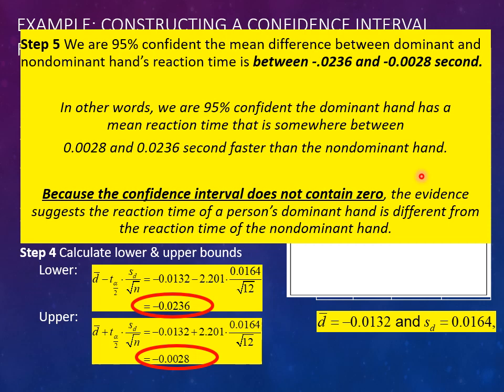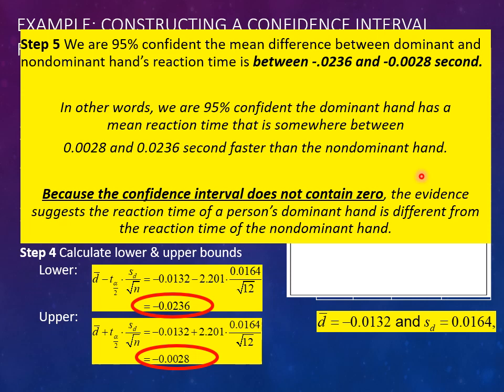Based upon this confidence interval, we are 95% confident, right? That's what we built, a 95% confidence interval. The mean difference between dominant and non-dominant hands reaction time is between negative 0.0236 and negative 0.0028 seconds. Very technical.